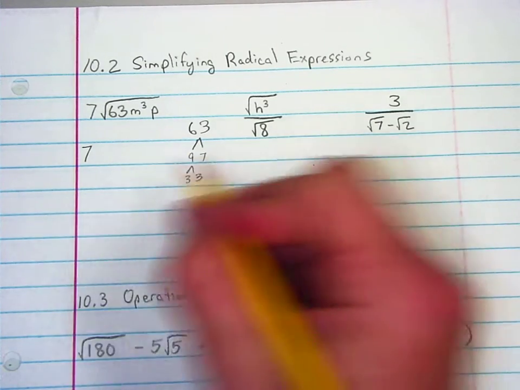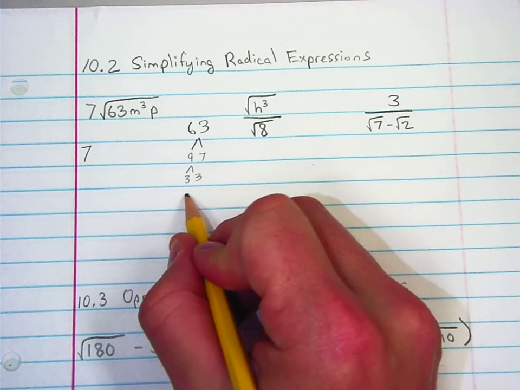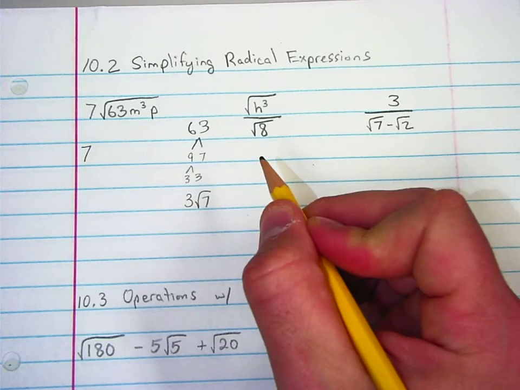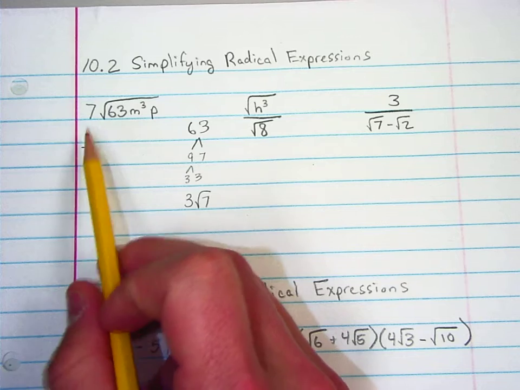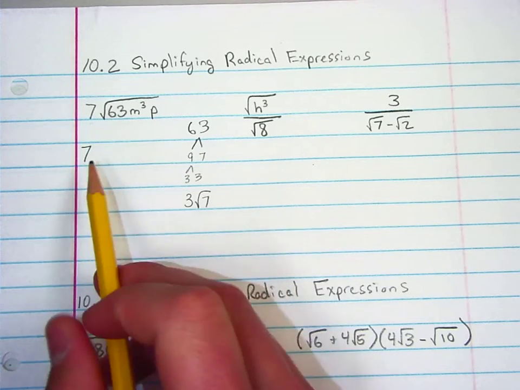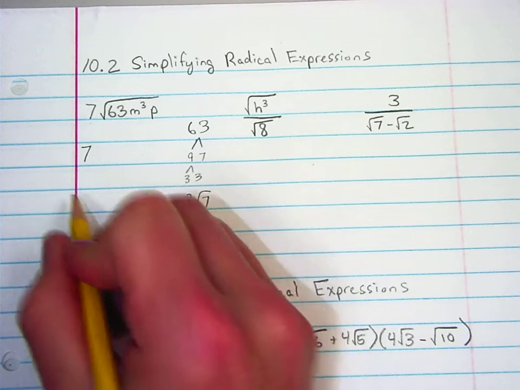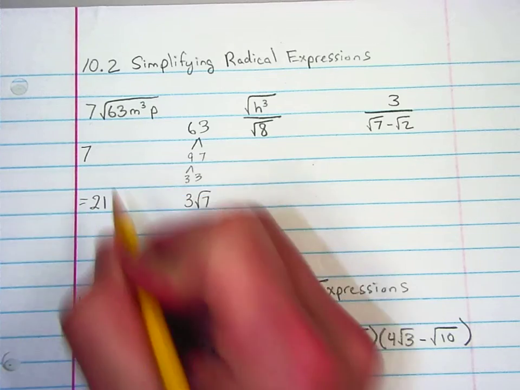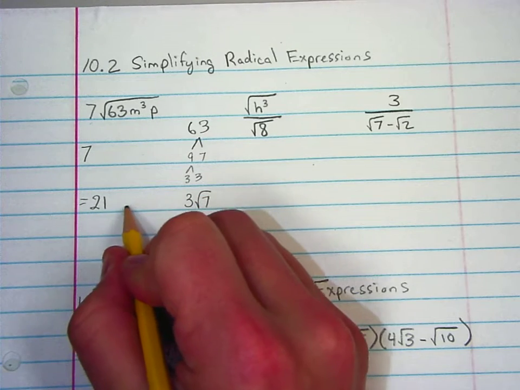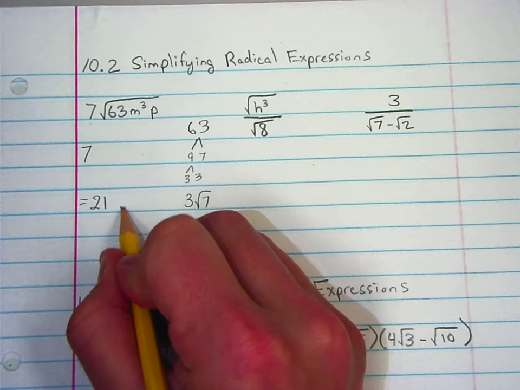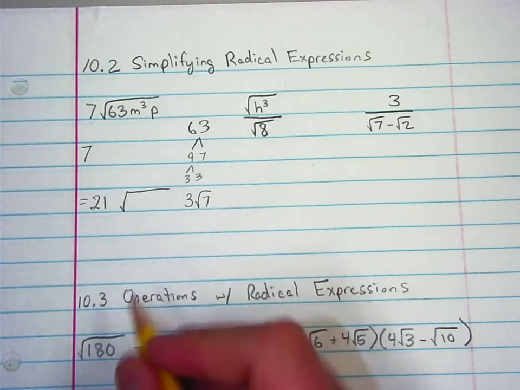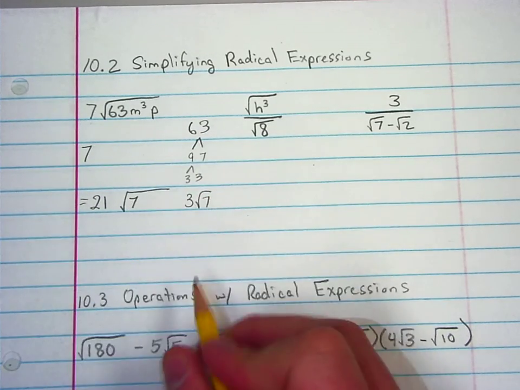So we can rewrite this as 3 times the square root of 7. And you want to remember that you have the number on the outside, so we're going to multiply 7 and 3. So we're going to have 21. Then leave a little bit of space because something else is going to be getting pulled out. And then you have a 7 on the inside.